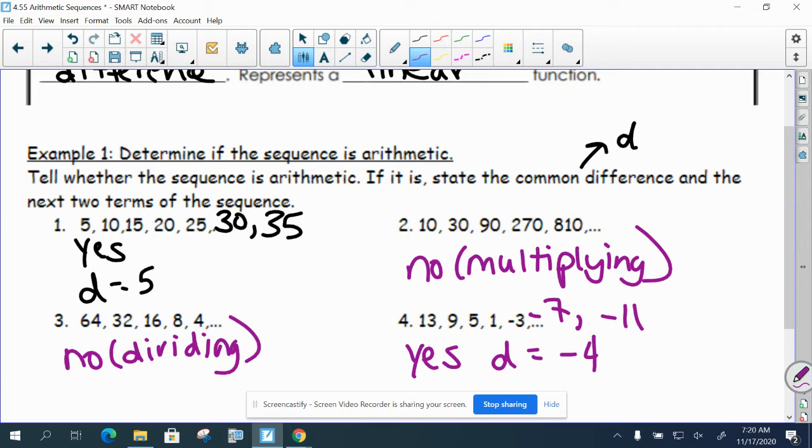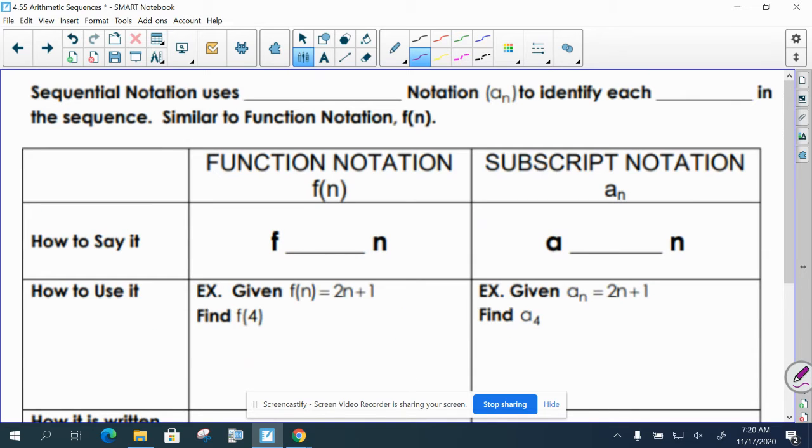Okay, now we're going to learn how we would write an equation for an arithmetic sequence. So sequential notation uses subscript notation. And we've used this in class before. So a sub n, like x sub 1, y sub 1, that's an example of subscript notation to identify each term.